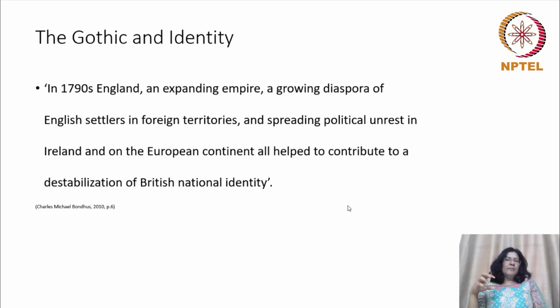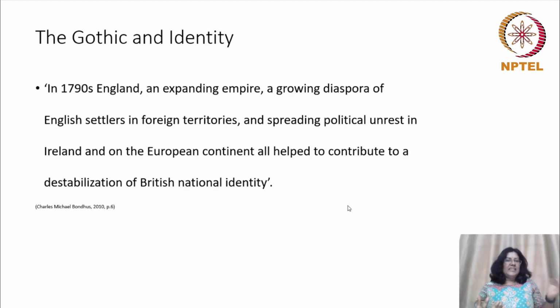Now, this identity is being challenged or threatened or being changed by the expanding empire of Britain, Great Britain, and there is further a growing diaspora, which means a large number of British people living elsewhere.